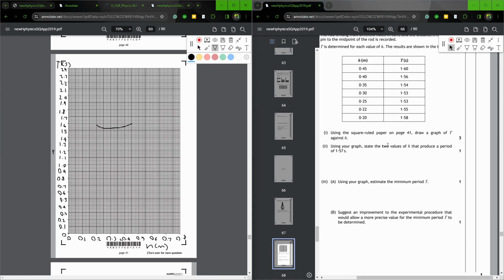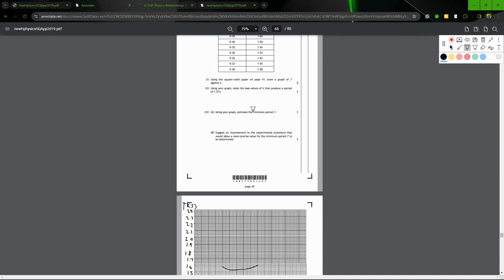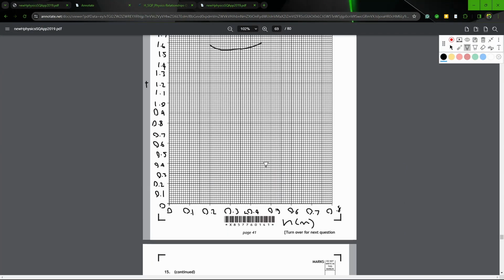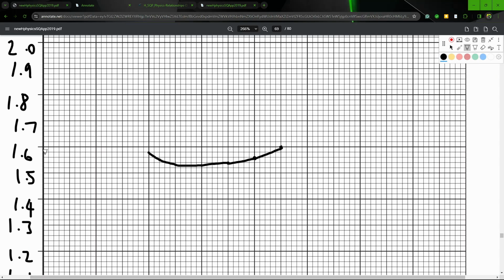Using a graph, state 2 values of h that produce a period of 1.57. I'll get rid of this now. So at 0.2, we want to find 1.57. So this top line here is 1.58. So 1.57 is in between.